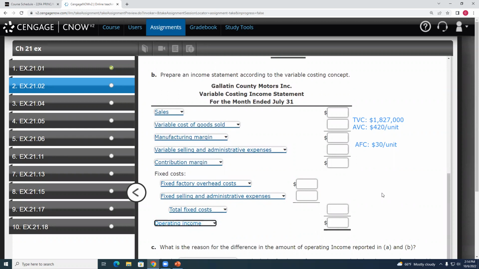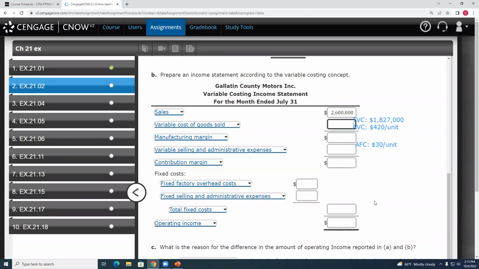I was just thinking of if we took the same income statement and put it into the variable costing approach when there's no change in inventory. So our sales don't change. $2.6 million. Sorry, I underestimated how far over that was going to go. So please just ignore my blue writing there.